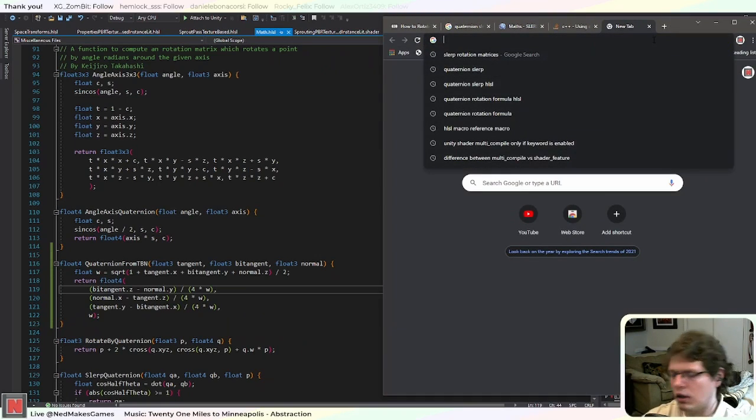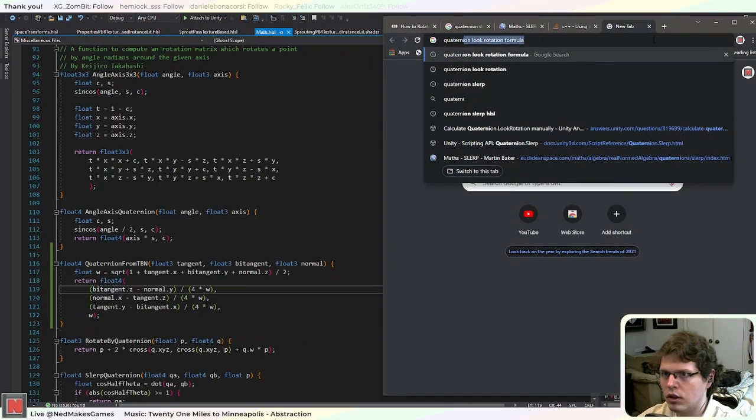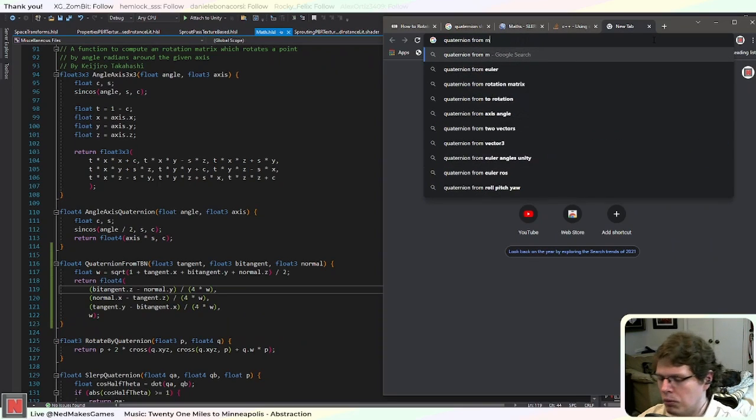Okay, let's see if I can find another equation for this. Quaternion from matrix 3×3.